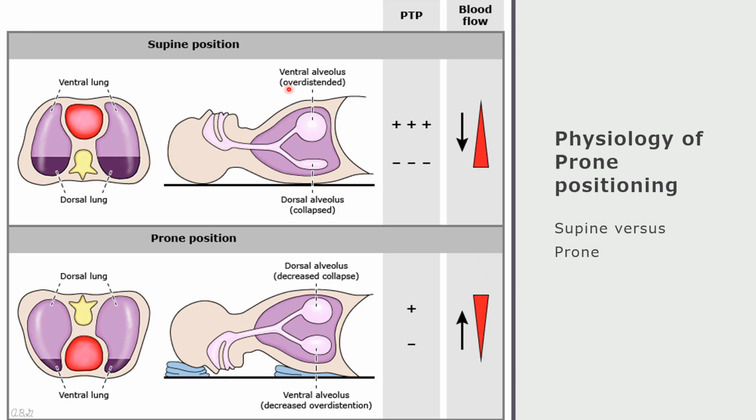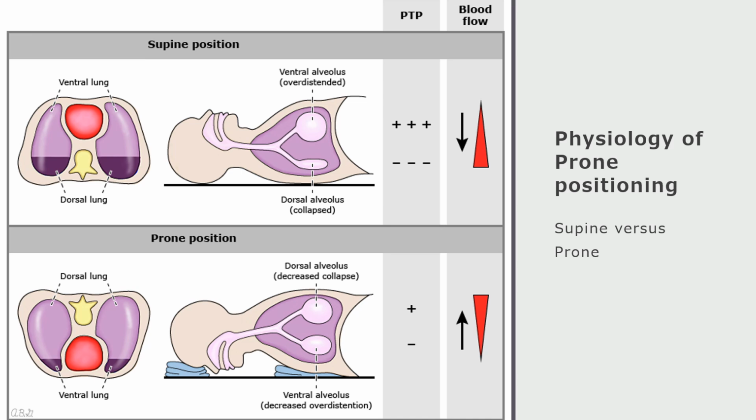You can see here the alveoli in the ventral region of the lung are overdistended while in the dorsal region of the lung they are collapsed. When we make the patient prone, the earlier collapsed alveoli become reopened and the overdistended ventral alveoli become less distended or normally aerated. This image represents the changes that occur as a consequence of prone position compared with supine position.